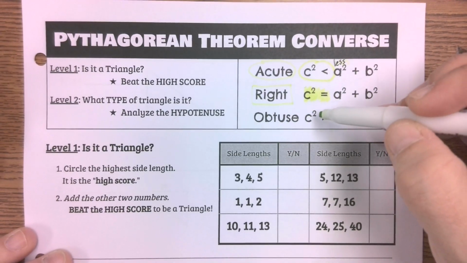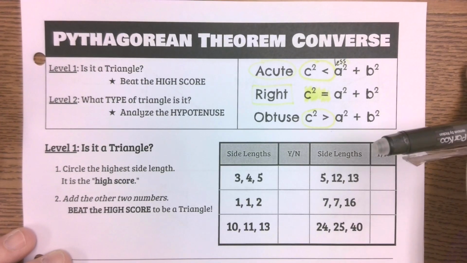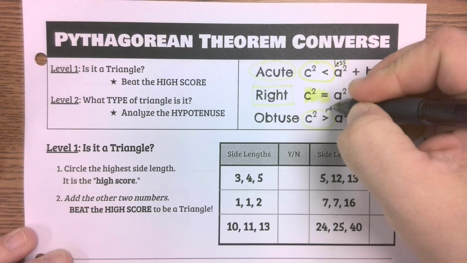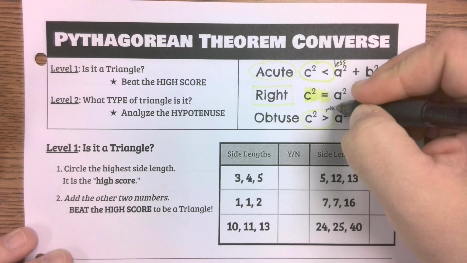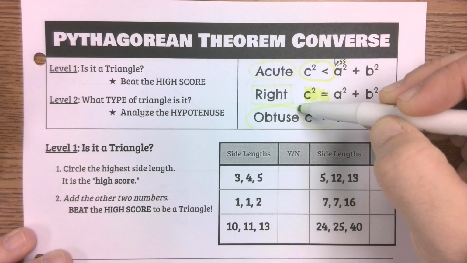If c squared is greater, more or bigger than a squared plus b squared, it has to be obtuse.